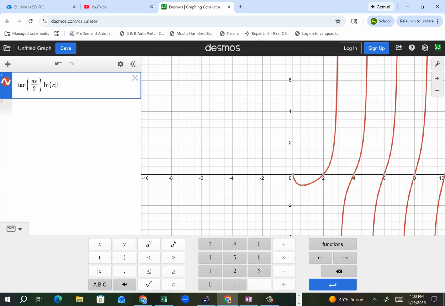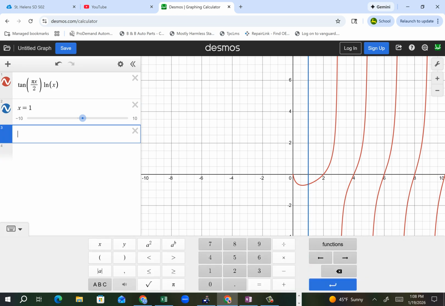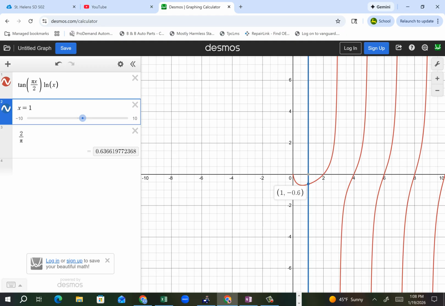At x equals 1, look where we end up. We're at 0.7-ish, 0.72, right? Well, what is 2 divided by pi? Okay, so actually, yeah, 0.63. Yeah, I'd buy that for a nickel. Somewhere in that neighborhood of 0.63, right? You see that? 0.63-ish.